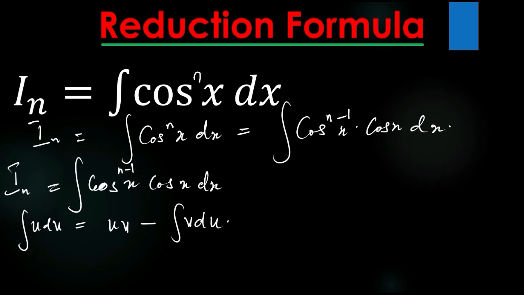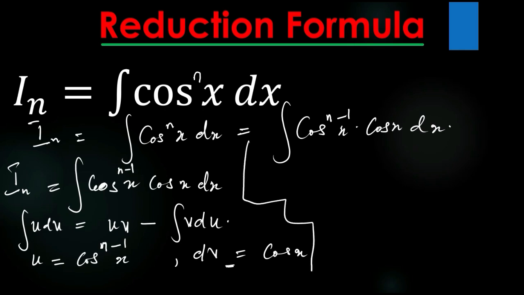Here my u is cos x raised to power n minus 1, and my dv is cos x. For cos x, this is quite easily done: on integrating, my v is equal to sine x.